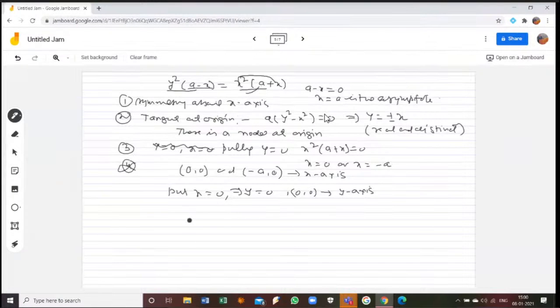Then you find out what is the region. For that you have to trace this. Means write down the expression in terms of x or y, so you will find it in this form.